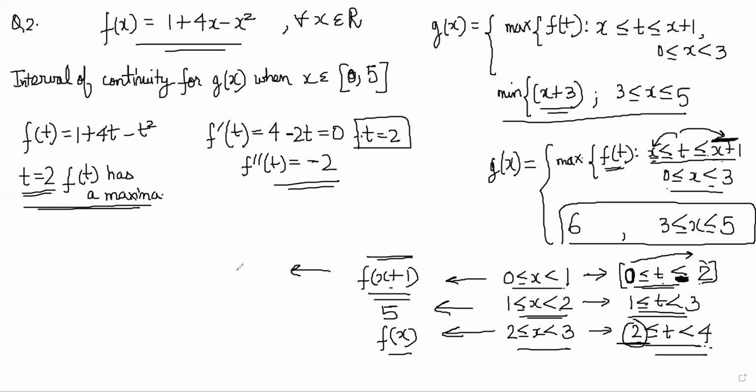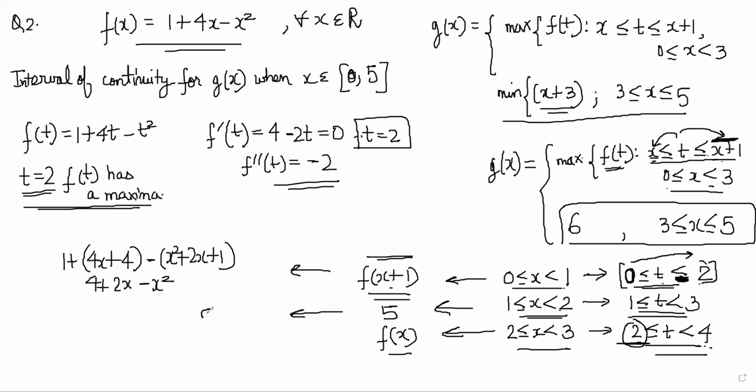So this expression, let's evaluate. f of x plus 1 will be 1 plus 4x plus 4 minus x square plus 2x plus 1, right? So this becomes 1 plus 4x minus 2x, so 1 plus 2x, actually not 1 minus 1. So 4 plus 2x minus x square, right? That is what is coming.